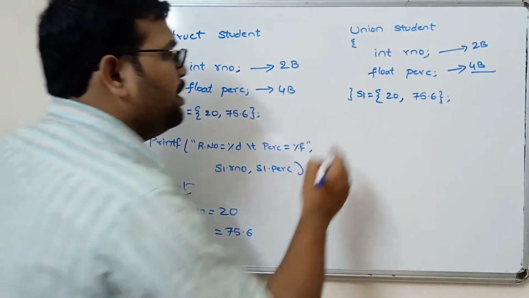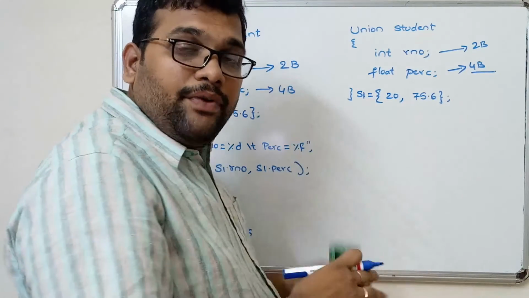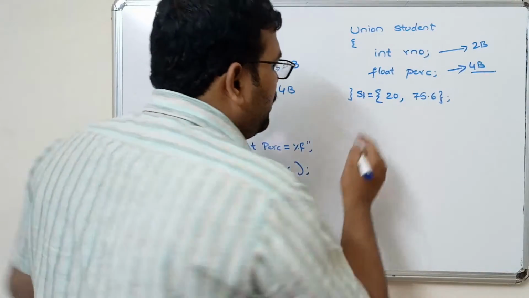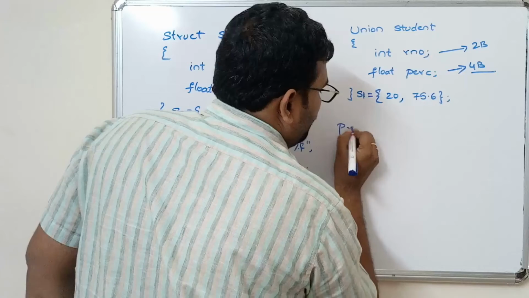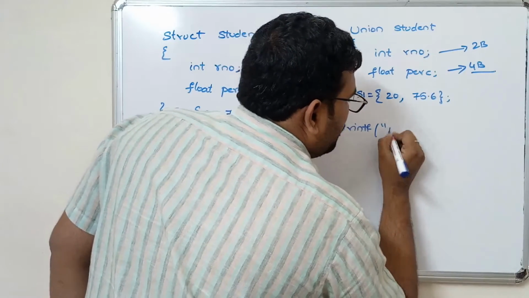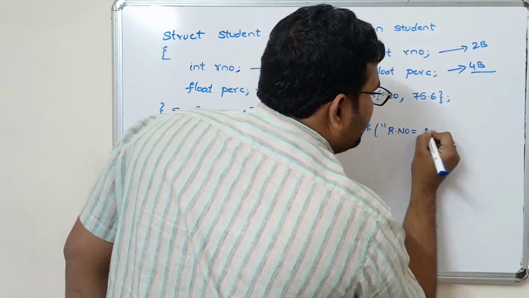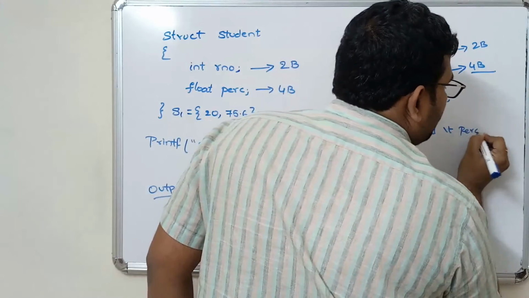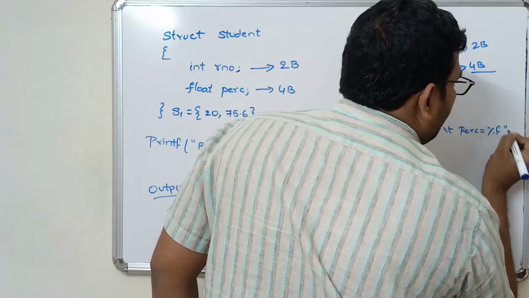And here also the same, for accessing the members of a union, again we have to use the dot operator, right? So printf roll number is equal to %d slash t and percentage is equal to %f.